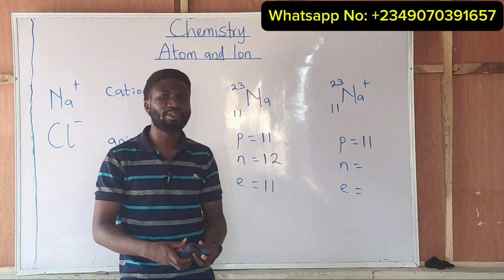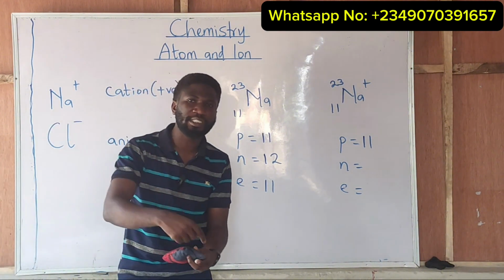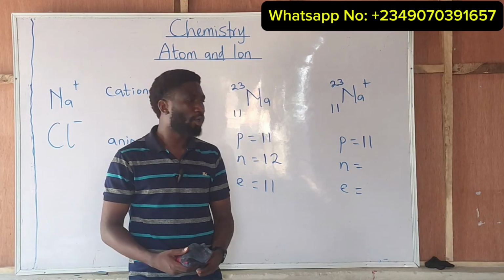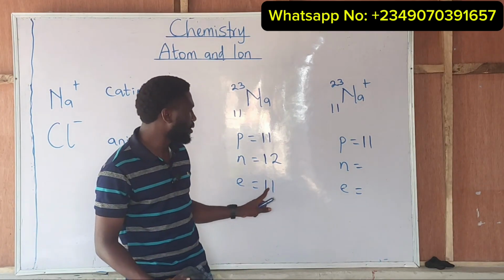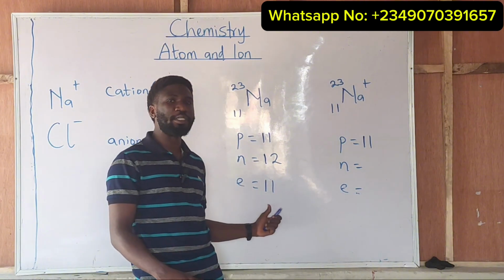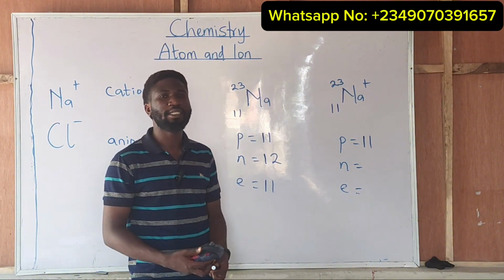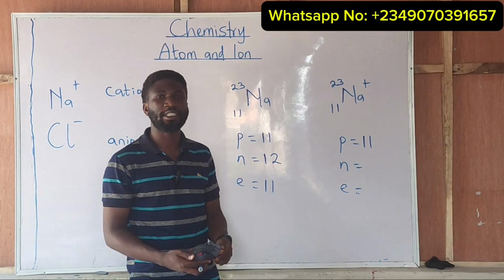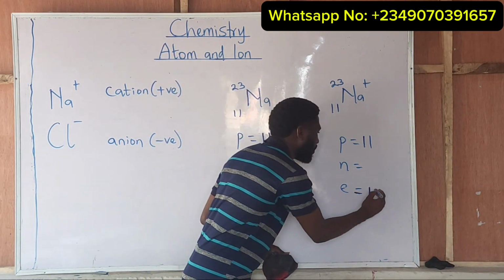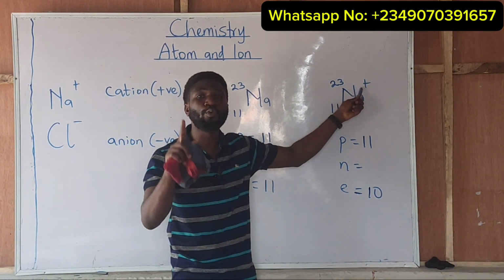Whenever an atom loses electron or electrons, it becomes positively charged. So the number of electrons won't be more than 11. It will be less than 11, and the exact number of electrons is going to be 10. Why is it 10? Because this has already lost one electron.